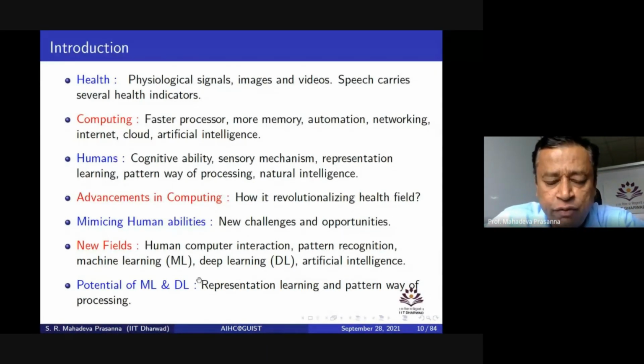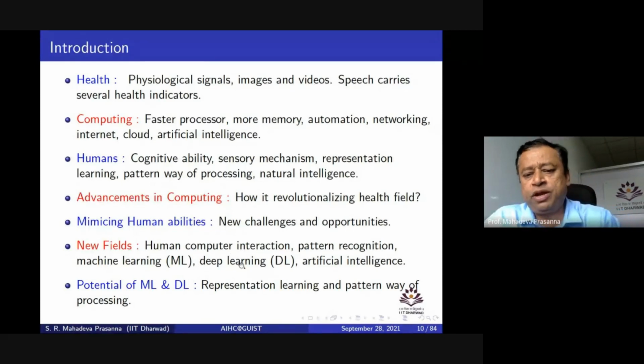There are several new fields that have evolved due to this thought process of mimicking in the computing field, like human-computer interaction, pattern recognition, machine learning, deep learning, and artificial intelligence. One notable contribution in the field of machine learning and deep learning is what we call representation learning and pattern-wise processing.